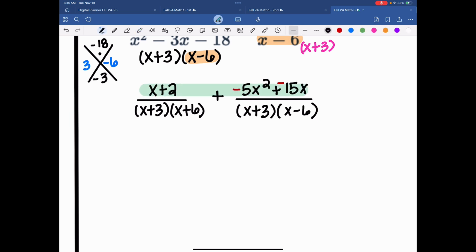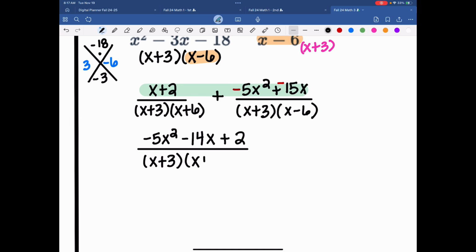If we add our numerators together, that's going to be negative 5x squared. Then we have x and negative 15x, that's going to give me negative 14x plus 2. And that's all going to be over x plus 3, x minus 6.